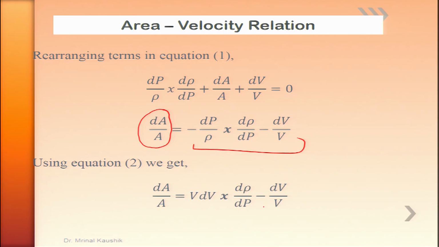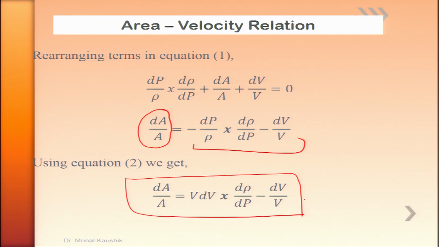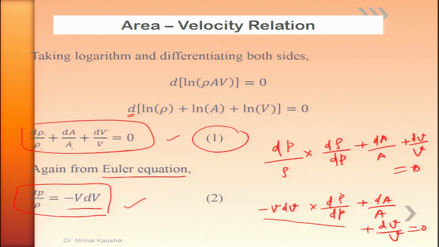Now, when we substitute, as we said just now, V dV and bring it to the right side, we will obtain this equation. That means all the positive and negative terms switch: this will become positive that side, and this which is positive will become negative, keeping dA by A at the left hand side.